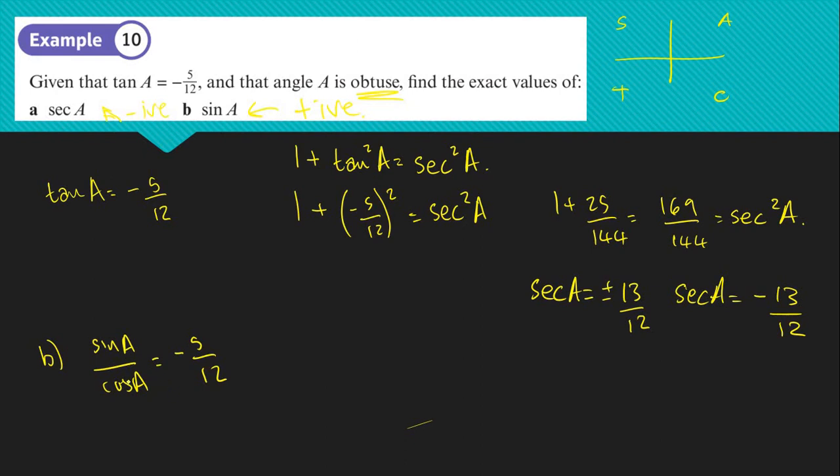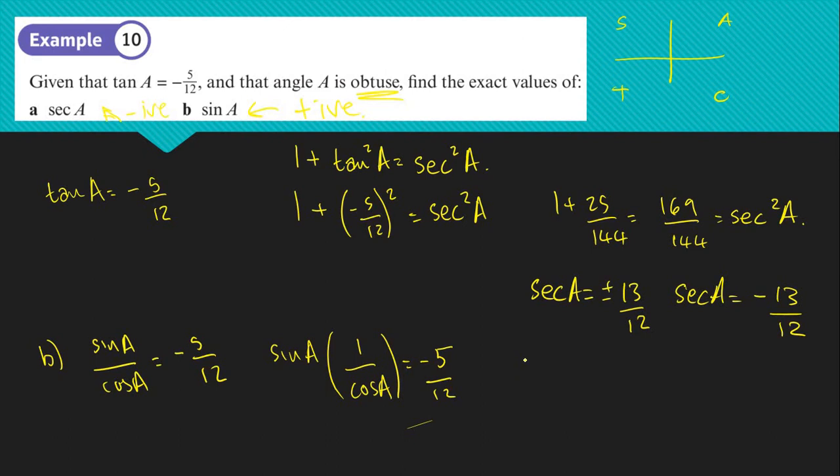Now, I know that sec is the same as 1 over cos A. So I actually know that sine of A multiplied by 1 over cos A is equal to negative 5 over 12. Well, that's sec A, isn't it?